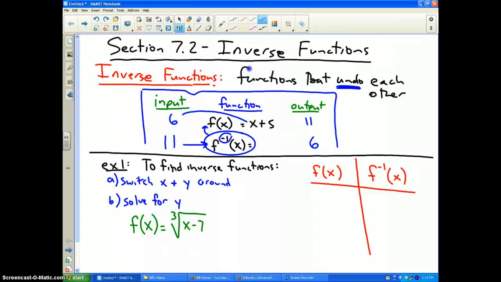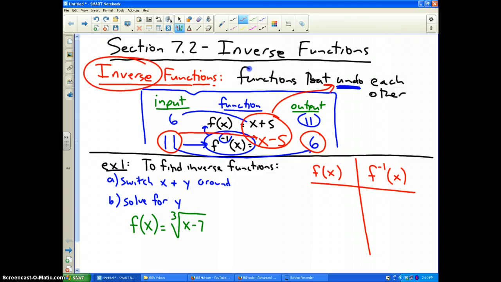Well, I put 6 in for x and got 11. So obviously if I take 11 and I'm going to get 6, my inverse function better be x minus 5, because 11 minus 5 is 6. These two functions undo each other, which means they are inverses.